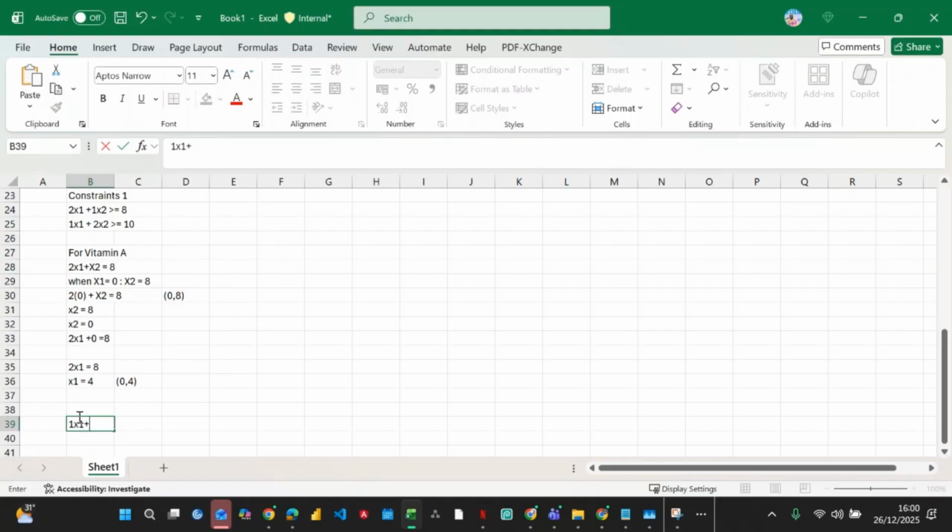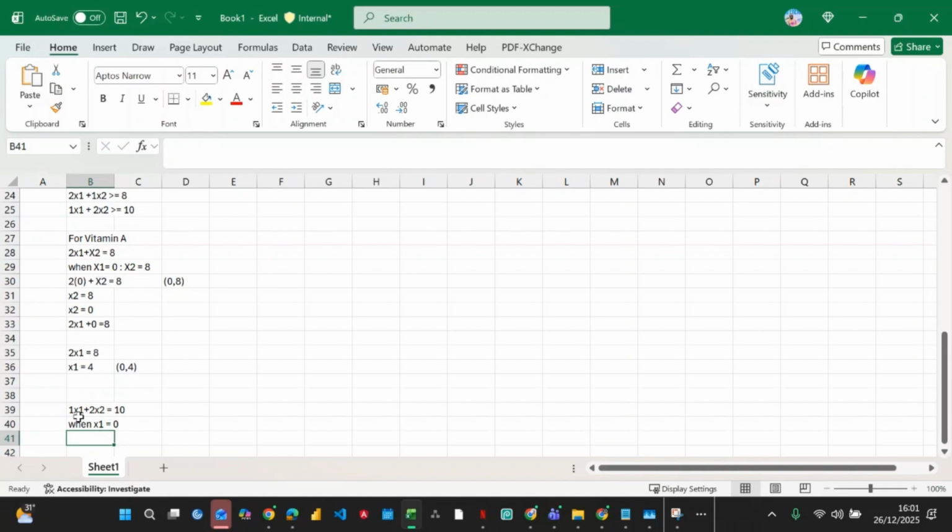So what this means is, when x1 is 0, what do you get?